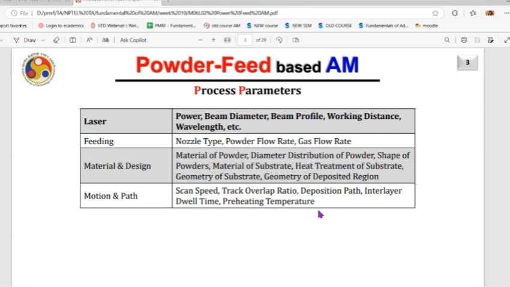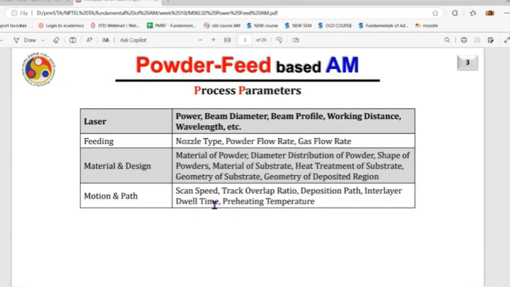Then comes the layer thickness, another process parameter, and preheating temperature. In case of laser or any type of AM process, if we are dealing with metal, then preheating of the substrate is important to minimize the residual stress and to make the process more efficient. The interlayer dwell time: in between layers, sometimes we put some dwell time so that the previously deposited layer can be cooled down.